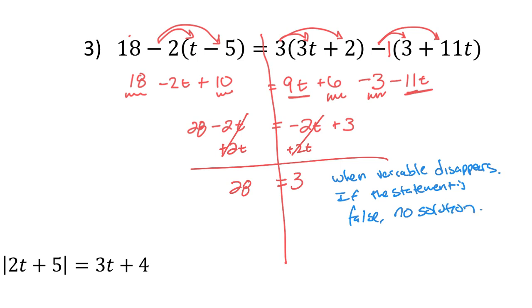Okay? If it was a true statement, then we would say infinitely many solutions or all real solutions. Okay? So since this one is a false statement, 28 does not equal 3, we say that there is no solution.